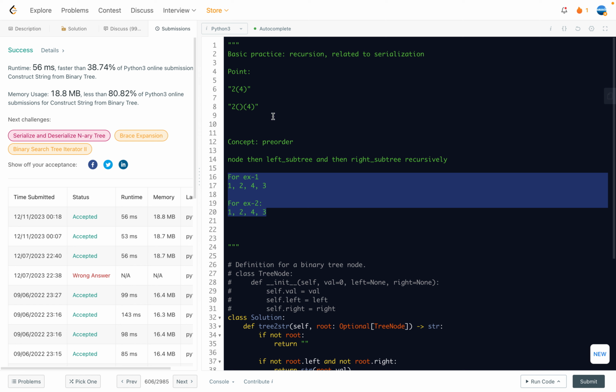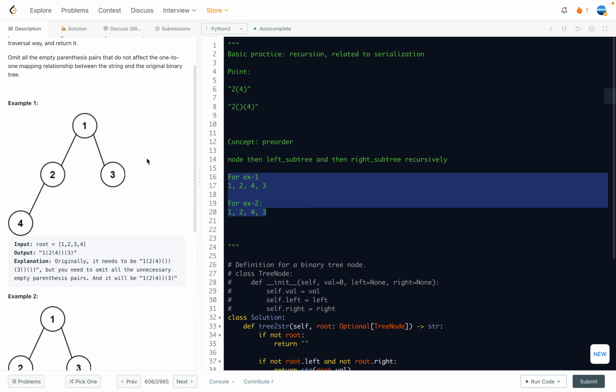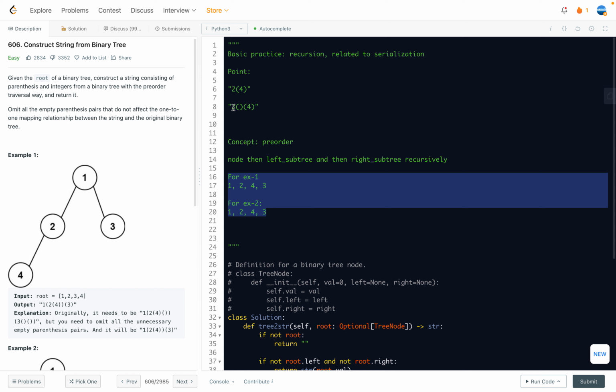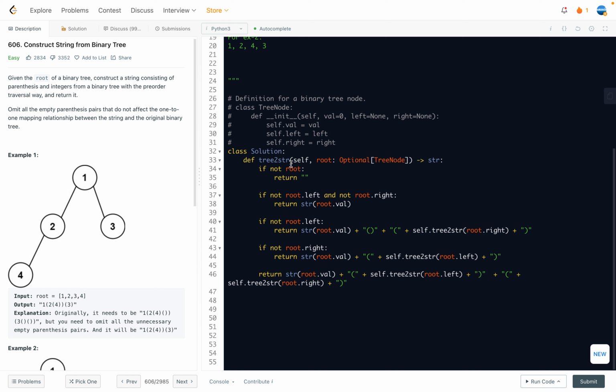Another thing is that in this problem, if we use parentheses representation for the binary tree to do serialization, we need to distinguish using or not using empty parentheses, in order to distinguish the left subtree and right subtree if they have the same node value. So with that said, I guess that's about it for this video. Thank you.